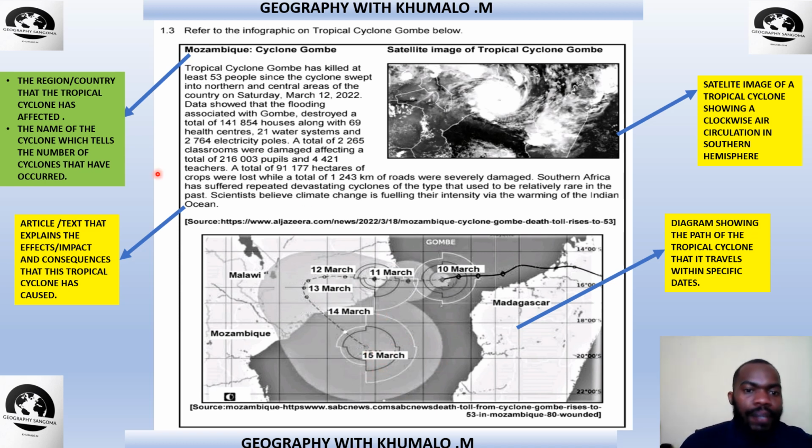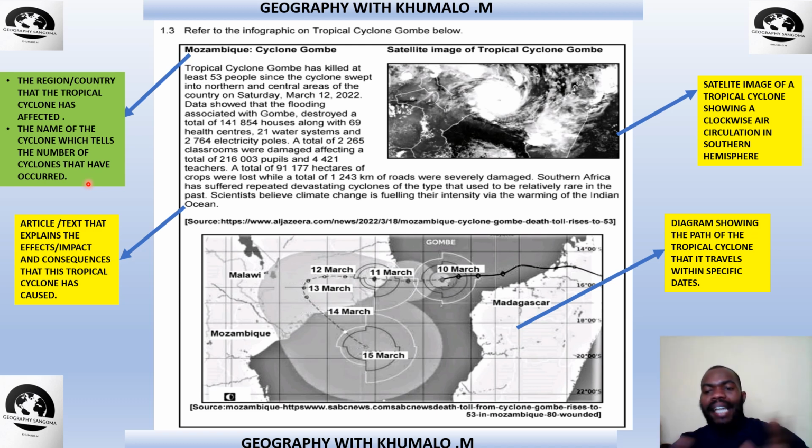Then here we have an article or a text that explains the effects, impacts and consequences that this tropical cyclone has caused in this particular area. Last but not least, a very important one again, the region and the country. So the country is Mozambique, the country that this tropical cyclone is taking place in. The name of the tropical cyclone tells us the number of cyclones that have occurred.